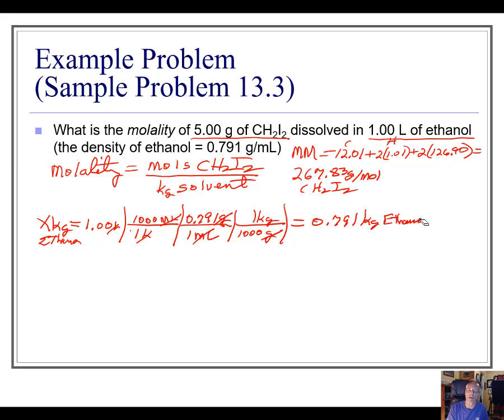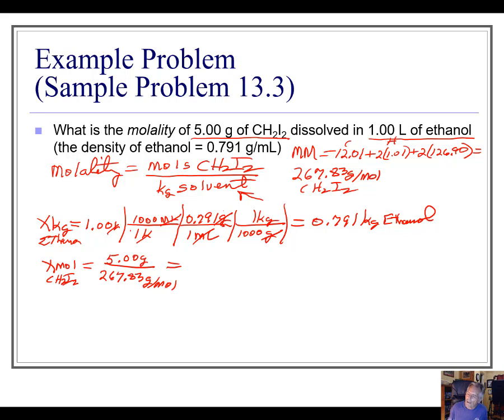All right, so we've taken care of our kilograms of solvent. Let's get our moles of diiodomethane, CH2I2, and that's simply going to be 5.00 grams divided by this incredible molar mass of 267.83 grams per 1 mole.